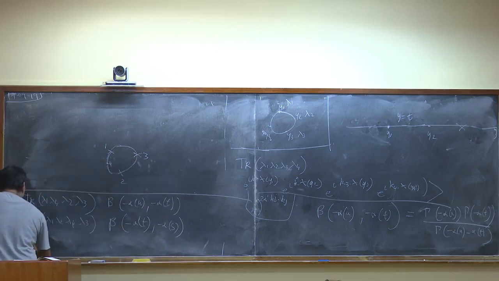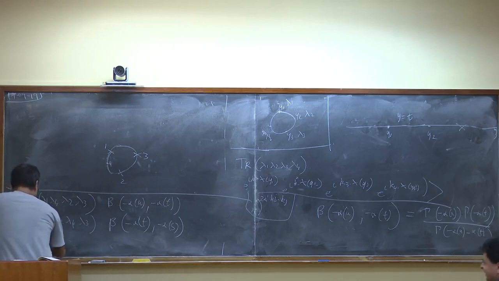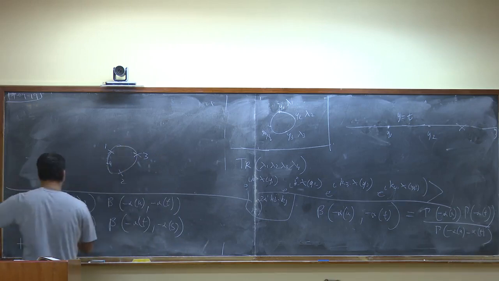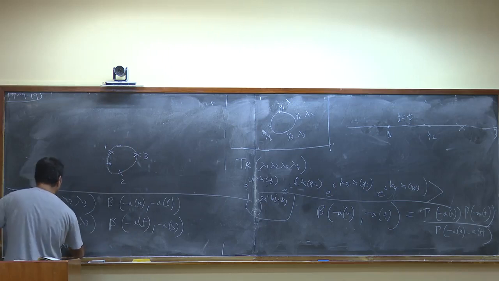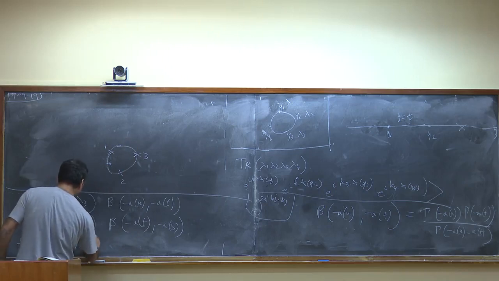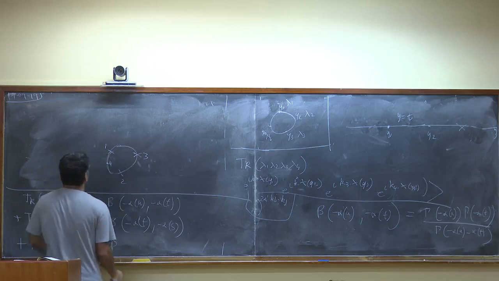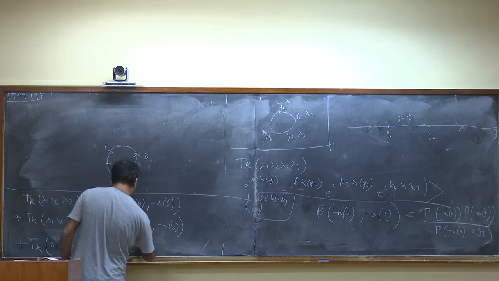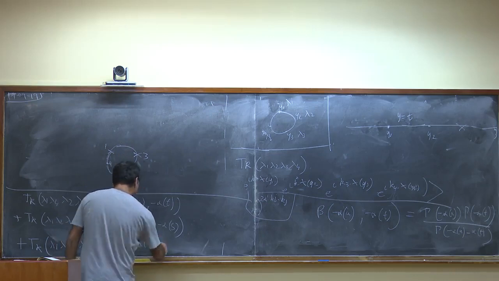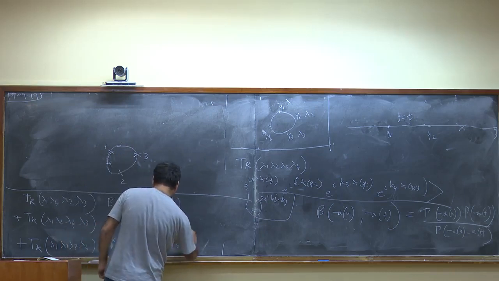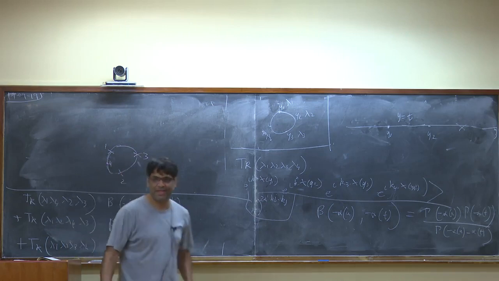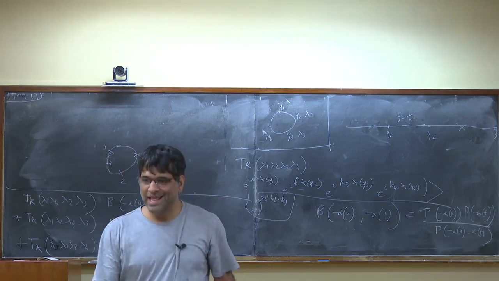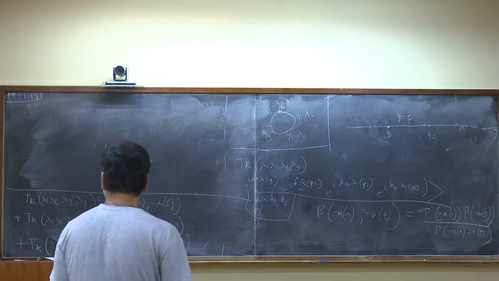Okay, plus trace of, there's only one combination left: lambda 1, lambda 2, lambda 3, lambda 4, beta of, now we have 4, 1 and 4, 3, so minus alpha u minus alpha s. These are 3 of the answers.